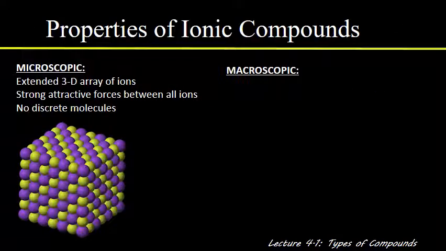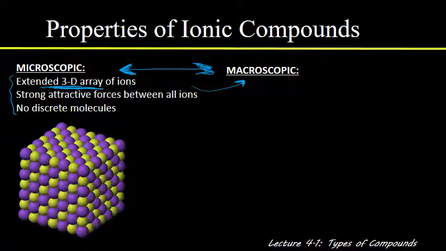All right, so we said before that one of the things we wanted to be thinking about is the relationship between microscopic and macroscopic representations, how the particular bonding structure corresponds to, or causes, I guess I'd say, the macroscopic properties that we see. So for all of these ionic compounds, they are a three-dimensional array of positive and negative ions.